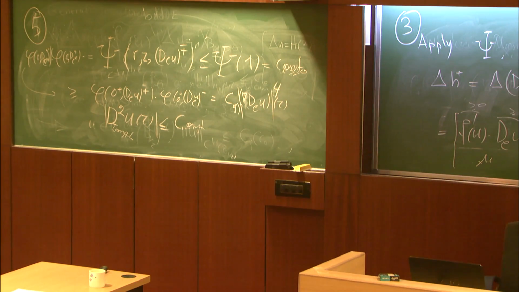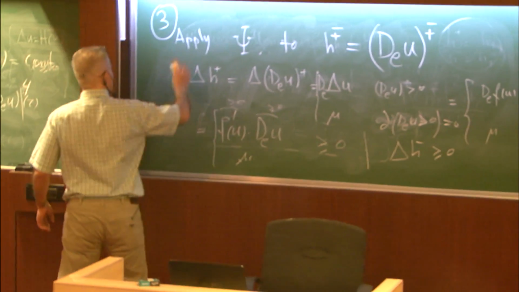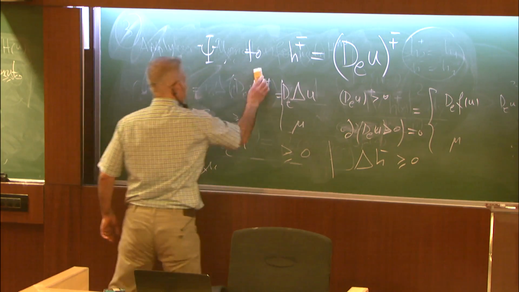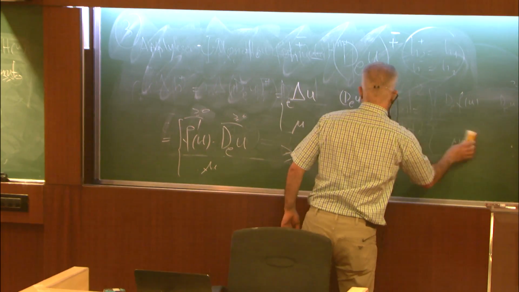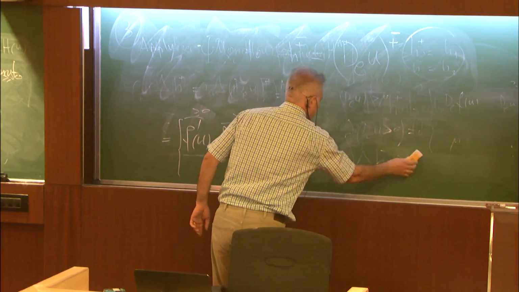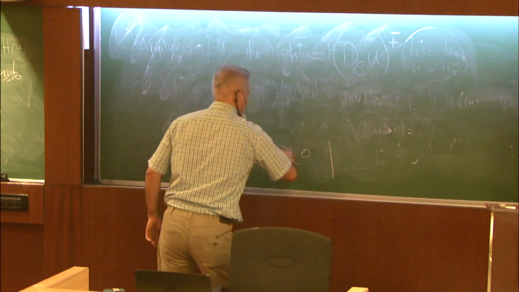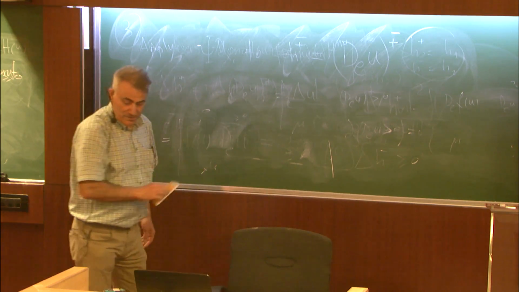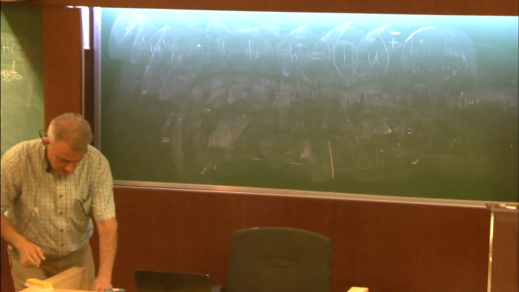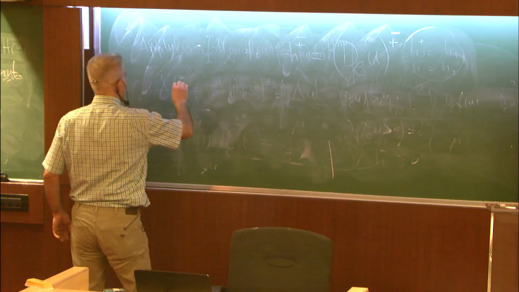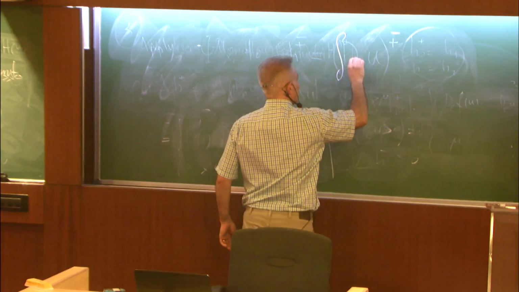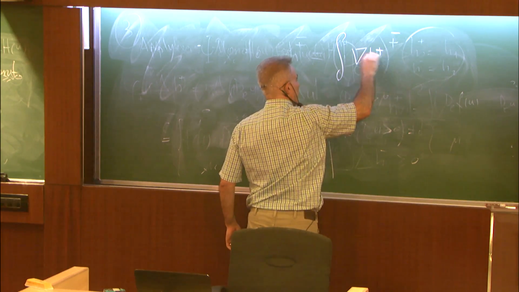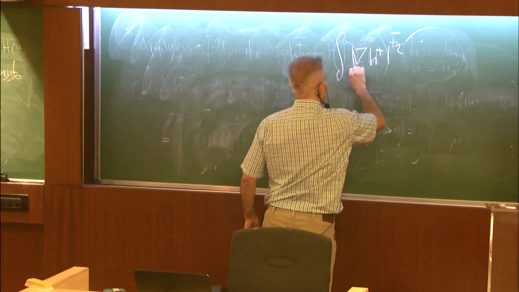So let's see what the idea behind the proof is. The monotonicity formula is saying that this function h, so we needed subharmonicity. So the idea is the following. Let me write it for you again. It is the gradient of h plus to the power 2.